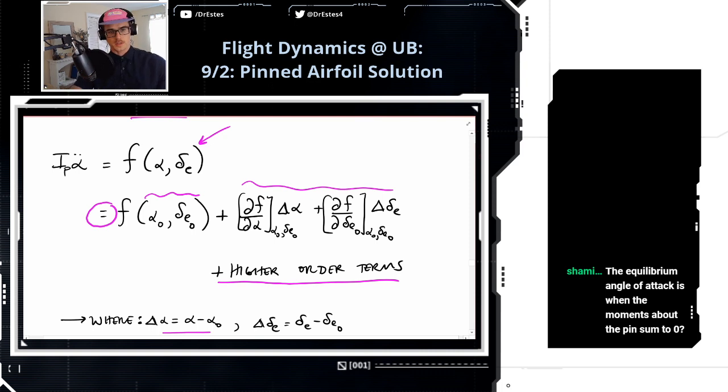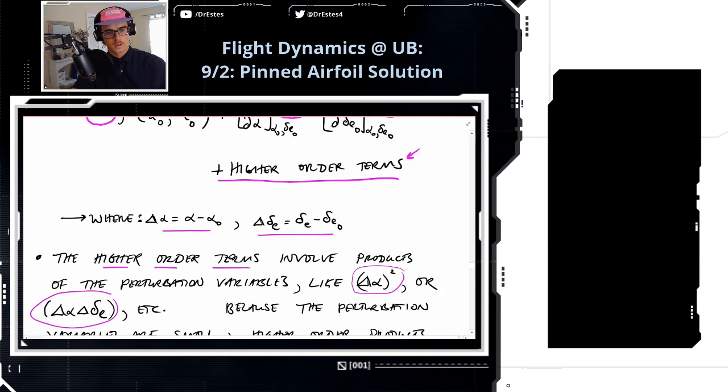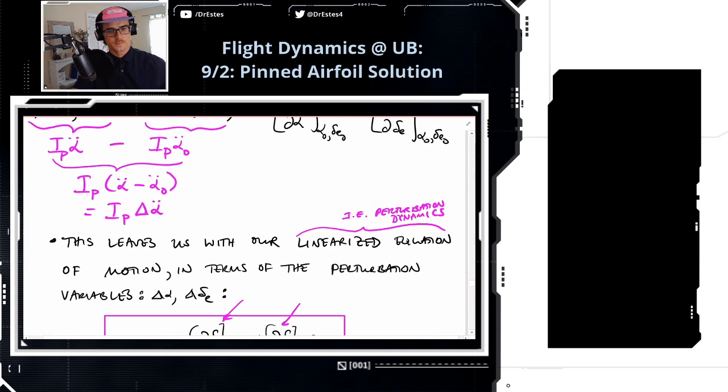The point is, if these perturbation variables are small enough, then these higher order terms that just go on and on, we can basically ignore them. And all you're left with is a linear equation, which I think we got to down here.